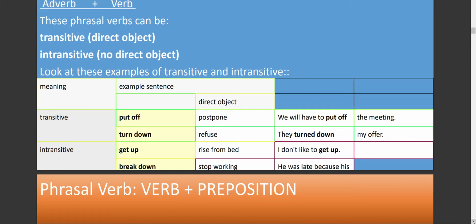Turn down means refuse. They turned down my offer. Intransitive: get up, break down. Get up means rising from bed. I don't like to get up. Break down means stop working. He was late because his car broke down. This is just a kind of sentence.